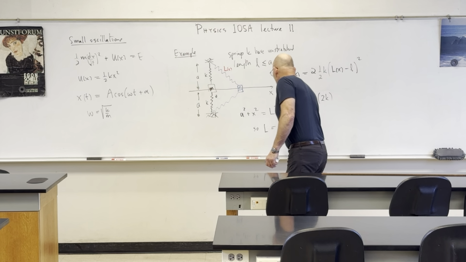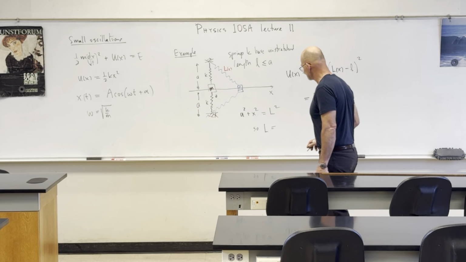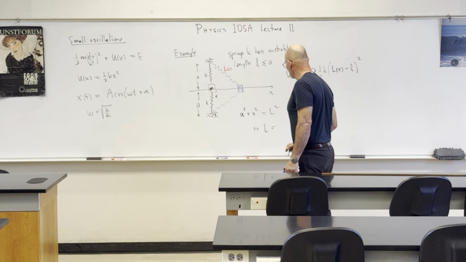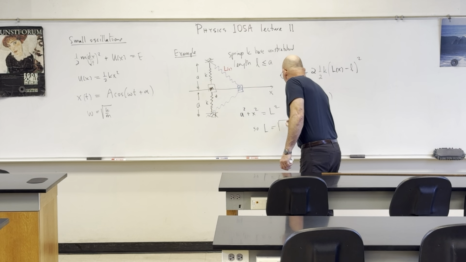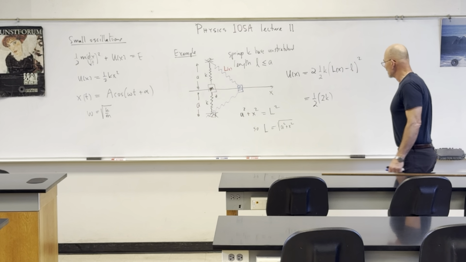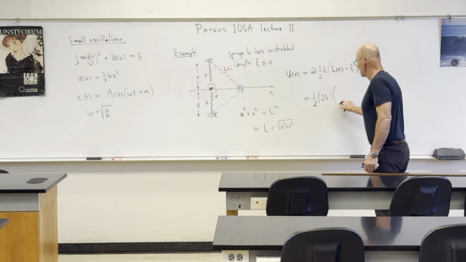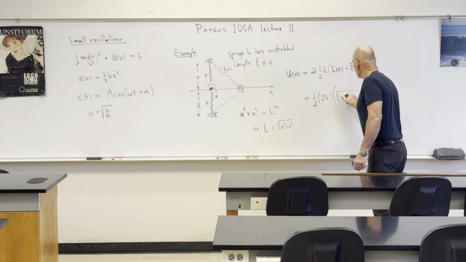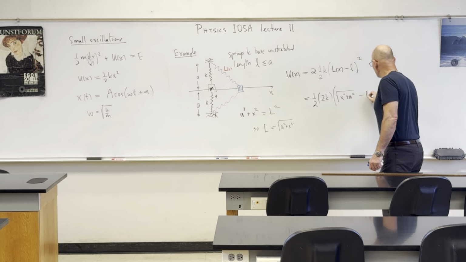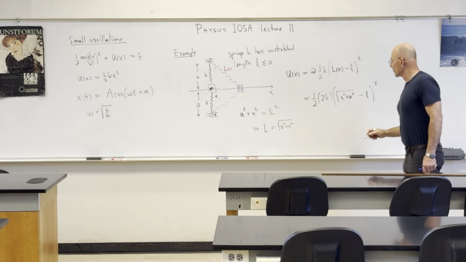So L is equal to the square root of a squared plus x squared. So maybe I'll turn that around: square root of x squared plus a squared, minus lowercase l, squared.